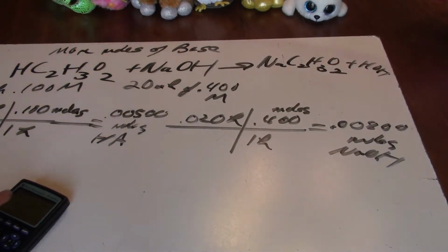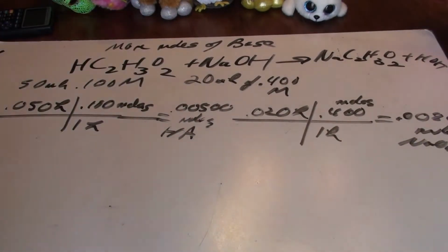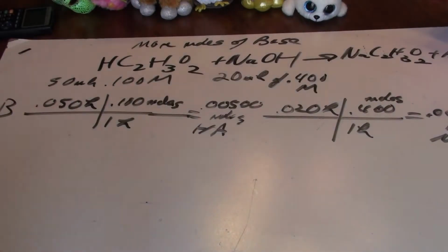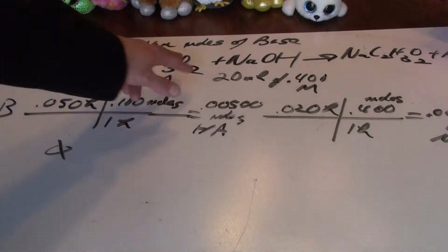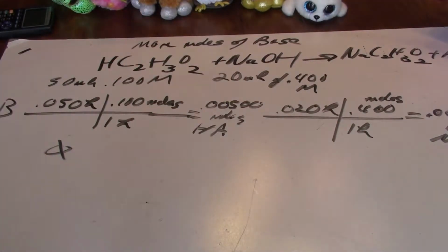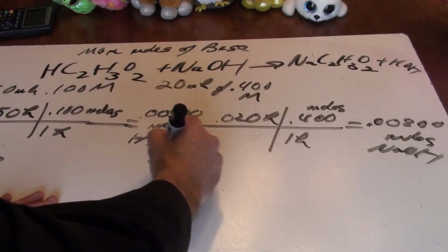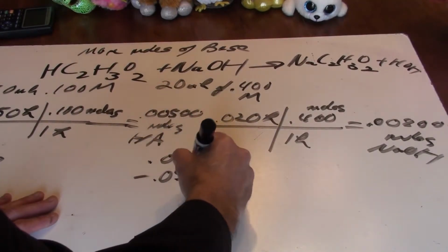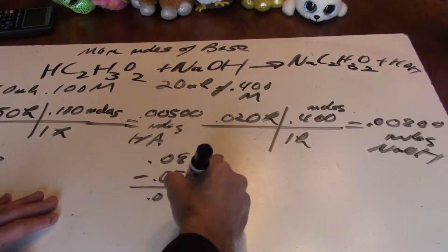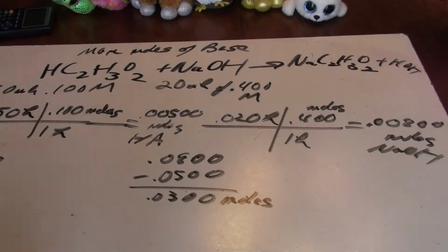Okay. So when you've got acid and base, they will react with each other to neutralize. After the reaction, there will be no acetic acid. It will all have reacted with the sodium hydroxide. We will, however, have leftover sodium hydroxide, that many moles left over.